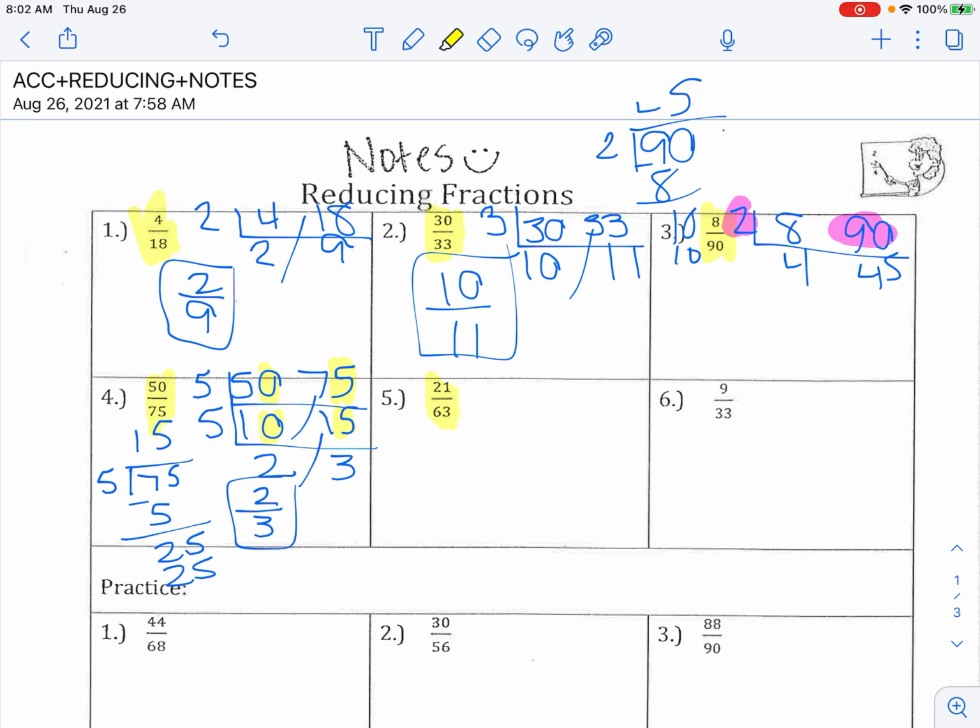Number 5, 21/63. Sometimes when we see a bigger odd number, we automatically think it can't be divided. So this is when we go back to those divisibility rules. Put your numerator and denominator on the inside. Are these numbers divisible by 2? No, they're odd numbers. Are they divisible by 3? Add your digits together. 2 plus 1 is 3, and 6 plus 3 is 9.